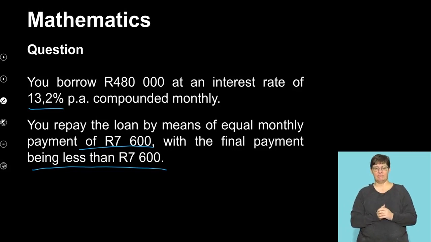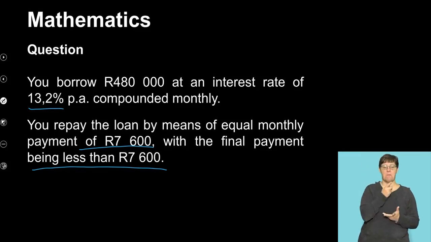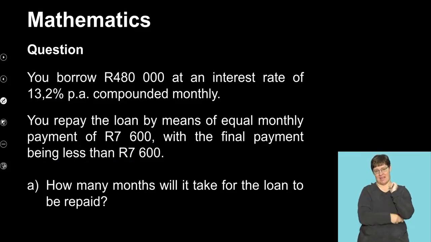That really does make sense, right? Because almost all the time when you pay back something, the last payment might be maybe 5,000 or 3,000 to settle it. Now, the first thing we will need to do is to calculate how many months it will take for the loan to be repaid. So we are calculating n, right?